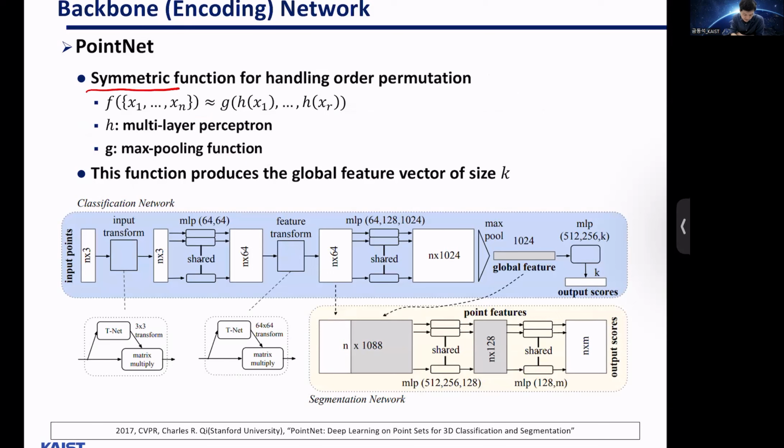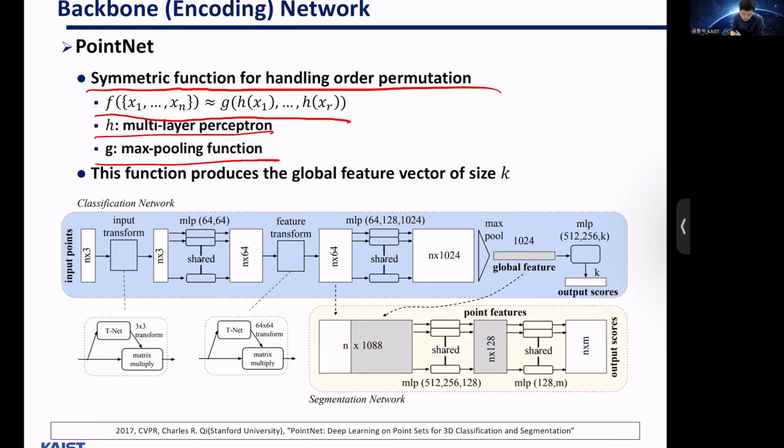A symmetric function for handling order permutation, meaning that f of x would be somewhat similar to g of h of x, where h is a multi-layer perceptron and g is the max pooling function.